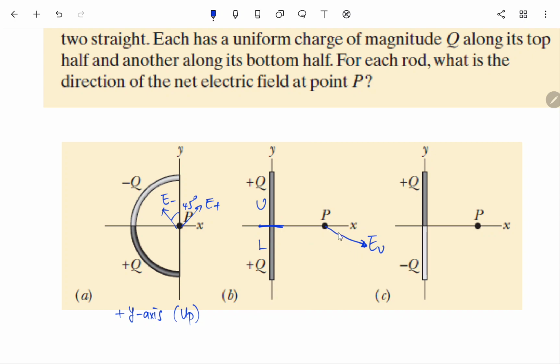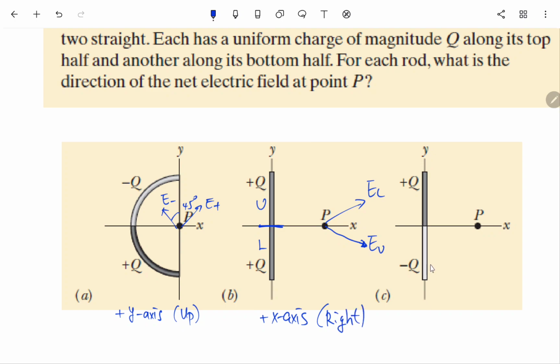I don't actually know the angle, because it really depends on how far it is, but at least you need to know this EU is pointing to the bottom right. Similarly, the lower part generates an E field at point P pointing to the top right, so EL. You can see that the y-axis component cancels, so this will be pointing to the positive x-axis, or simply pointing to the right side.